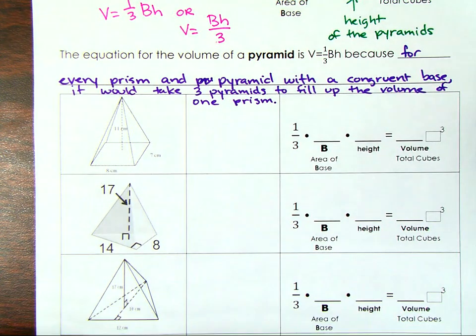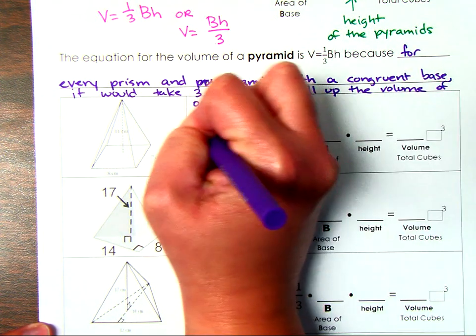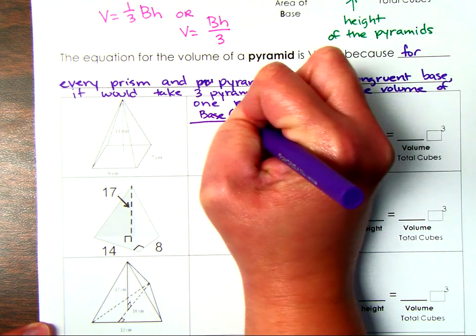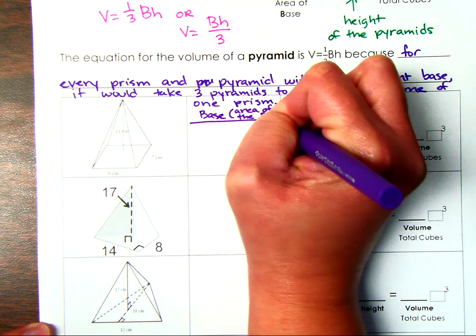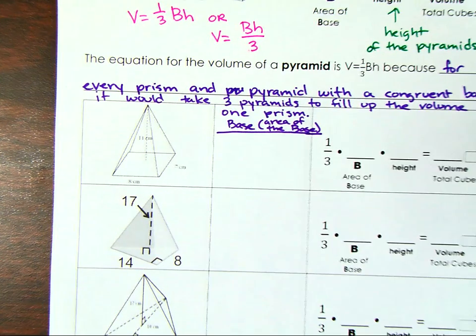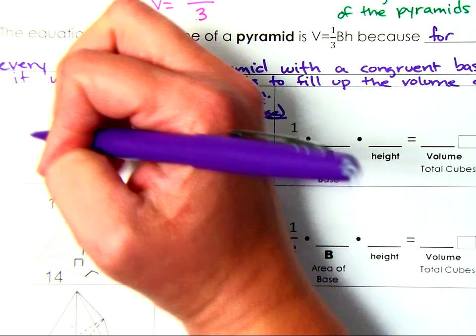So this first part, let's talk about this. This workspace is for the base. Remember that capital B, we're saying the area of the base. So in our previous lesson, before we even started talking about surface area or volume, the first thing we did is we shaded the base. So this pyramid, we're going to shade the base.